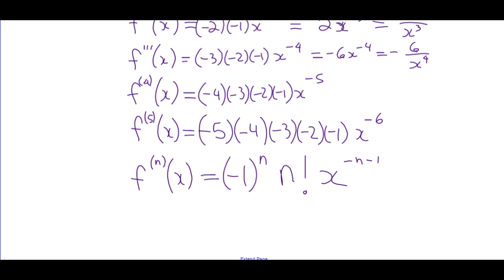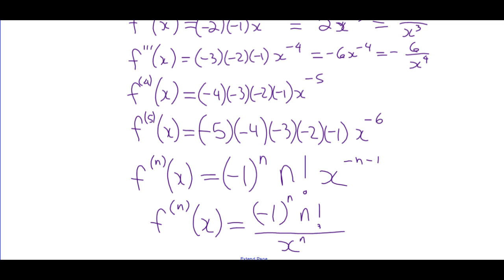So let's try that with the 5, right? So I've got 5 negative 1s. 1, 2, 3, 4, 5. Okay, that's good. I got 5 factorial, 5 times 4 times 3 times 2 times 1. Got a 5 here, I put a 5 here, I got negative 5 minus 1 is negative 6. Okay, that sounds pretty cool. Okay, let's clean it up a smidge. Oh wait, that should be n plus 1, right?